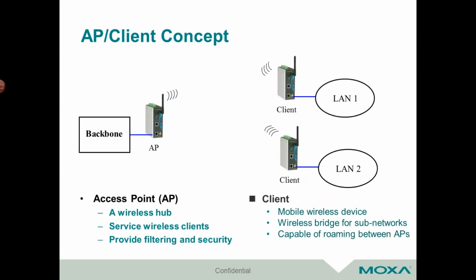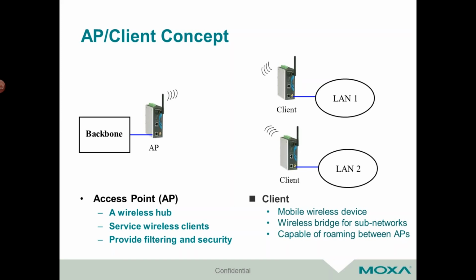Now, there's a couple main concepts to keep in mind when you're looking at wireless. There's basically two types of topologies that you can look at. One is called an AP client. This is also known as point to multipoint or infrastructure mode, depending on who you talk to. Those are used interchangeably. So in this type of topology, you basically have one or more main devices.